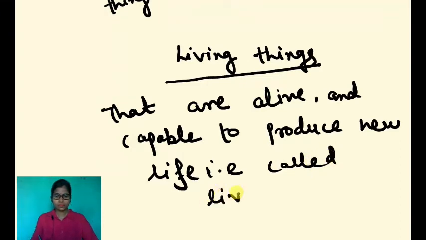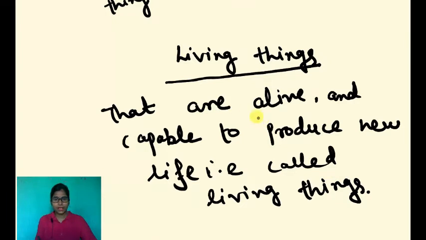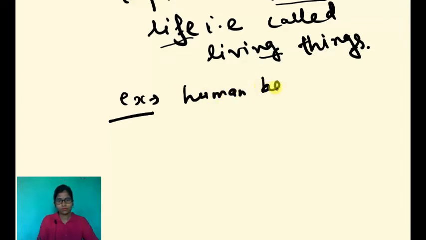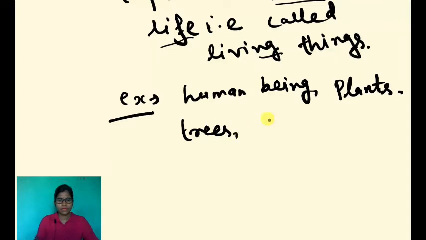I have told you that kind of thing that is alive or capable enough to produce new life, or capable of reproduction, is called a living thing. As for example, you can take human beings, plants, trees, animals.